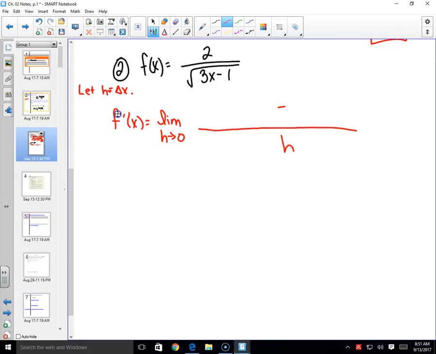F of x is easy because he's right there. And there he is. That's my f of x, but I also need my f of x plus h, which means I take f of x, and the only thing that changes is the x becomes an x plus h.